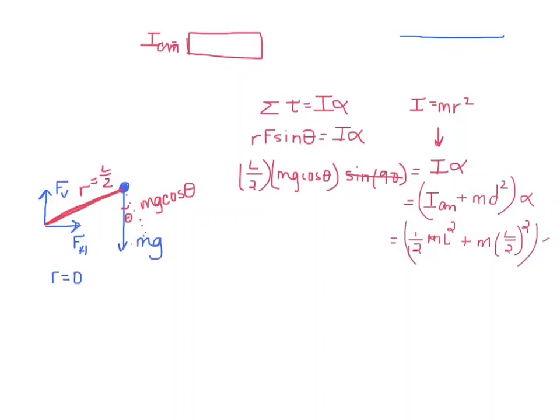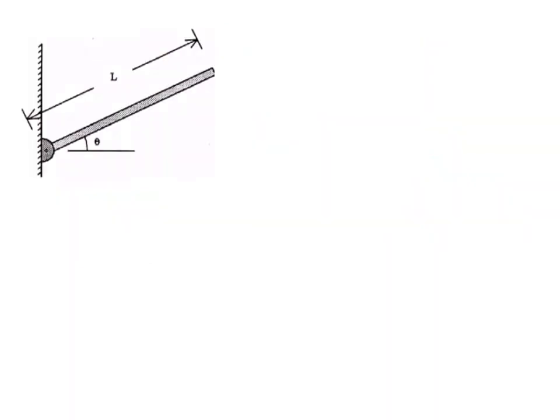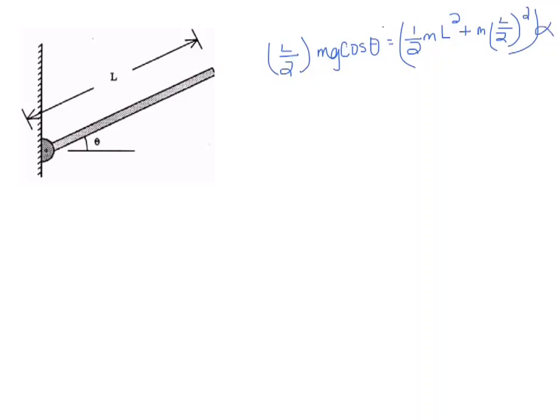So mg cosine theta times L divided by 2 is equal to 1/12 mL squared plus m times L divided by 2 squared, times alpha.